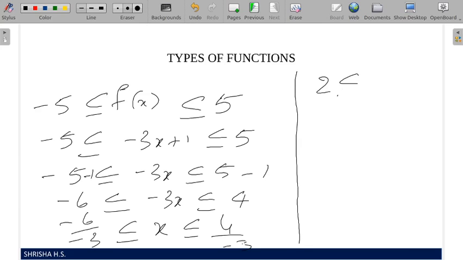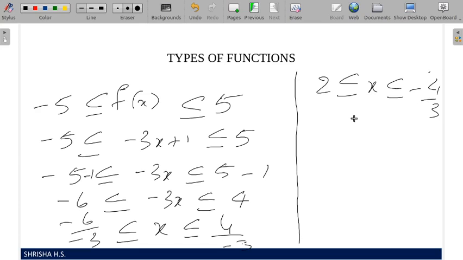Now x is greater than 2 but less than minus 4 by 3. This doesn't make any sense, right? We have got this answer for the second equation, but it doesn't make any sense.